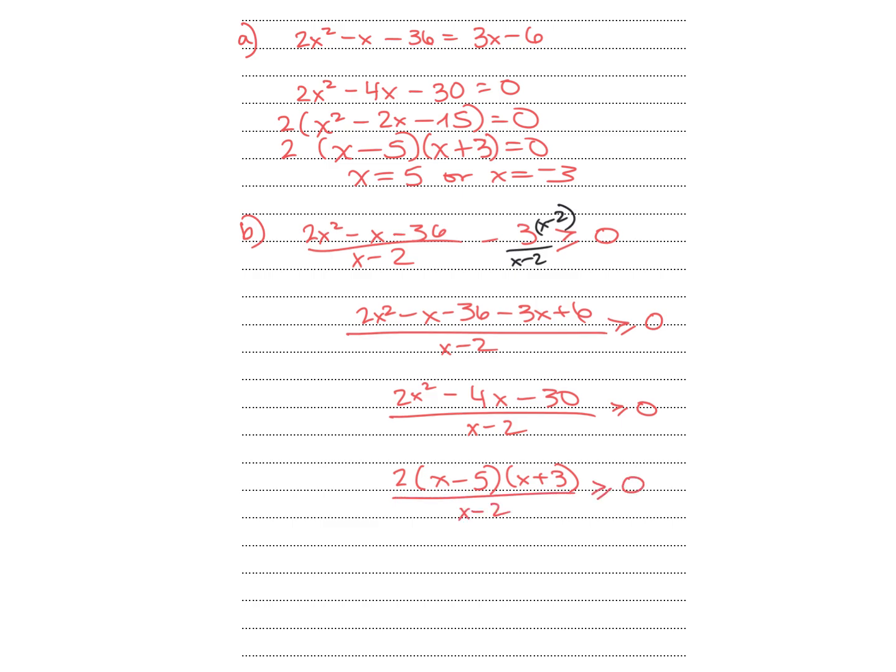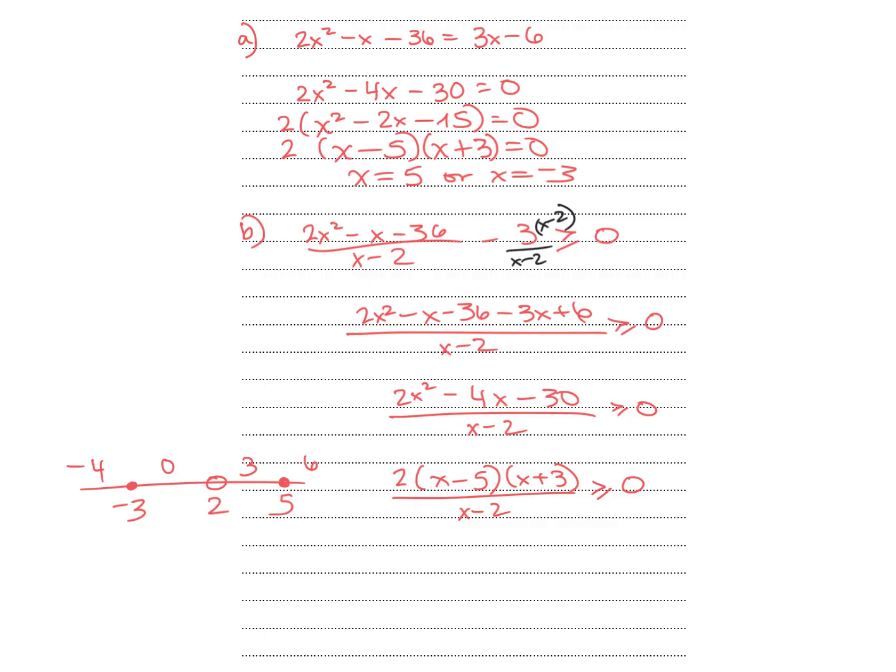And now we need a number line, and we have -3, which it can be, +2, which it can't be, and +5, which it can. So we check -4, 0, 3, and 6.